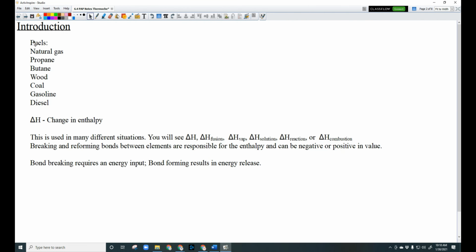All right, so in thermochemistry, fuels like natural gas, propane, butane, wood, coal, gasoline, and diesel historically have provided society with energy, and most of this stored potential energy can be released through the combustion reactions of these products.